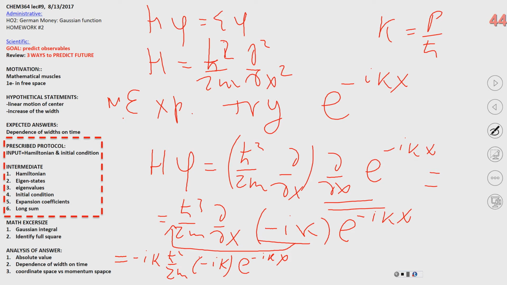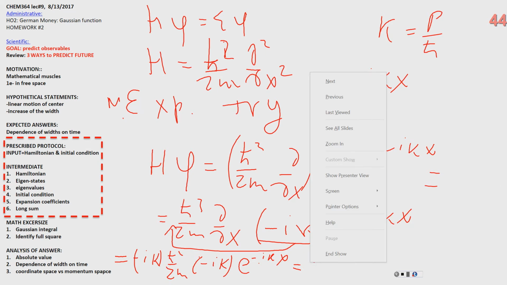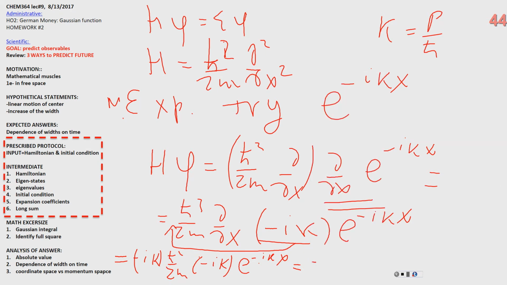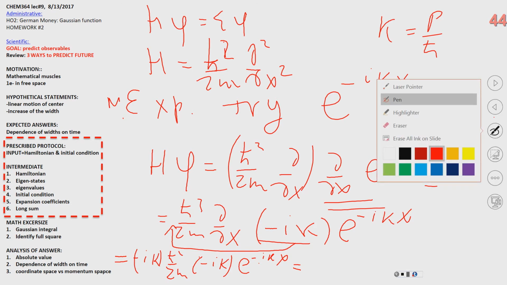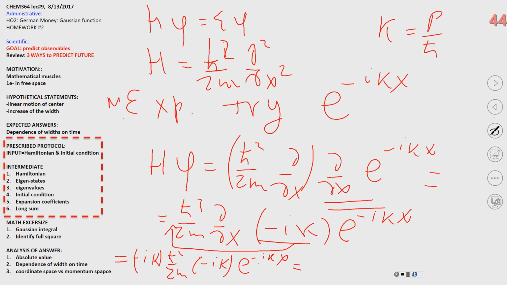Take the first derivative, the second derivative. Then we multiply this factor. Minus times minus will be plus, and i times i will be minus one. There should be... I was so excited that I already made an error.